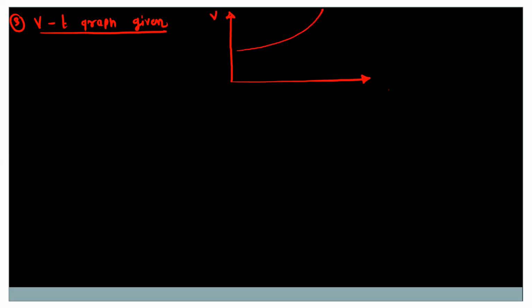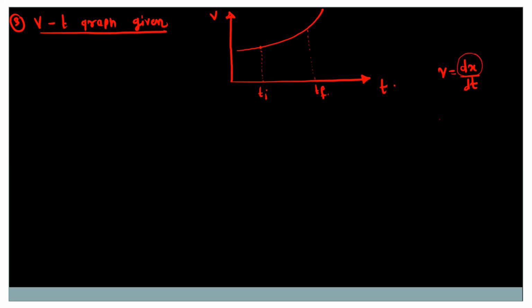So this is the velocity time graph, and we have the initial time Ti and this is the final time. Okay, so we have the equation velocity is equal to dx by dt. Okay, so from this equation, if you want to find out the position, then we need to integrate this equation.